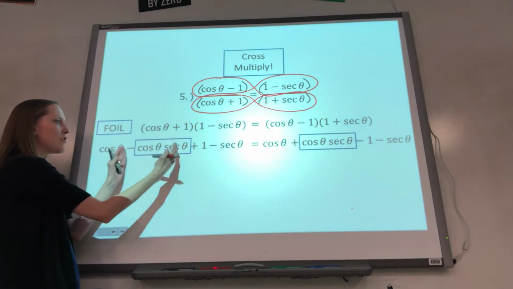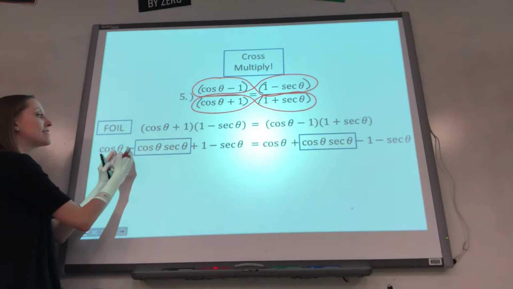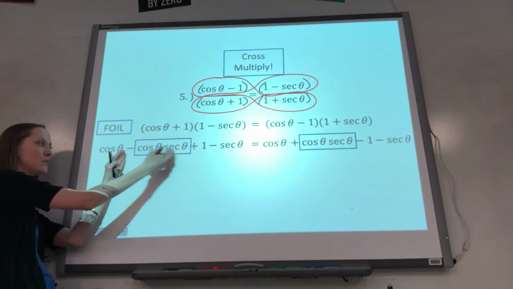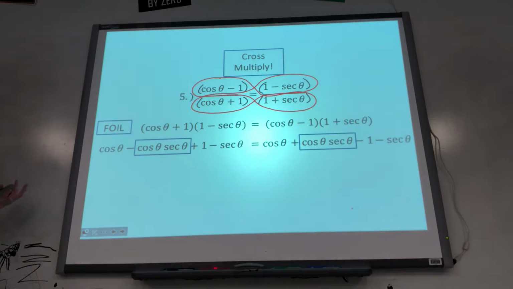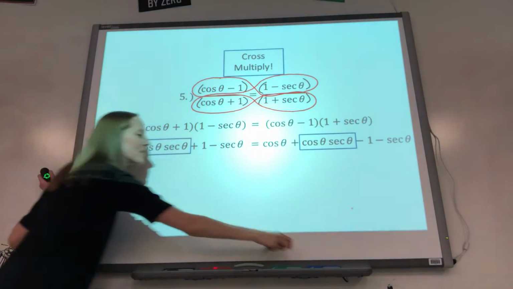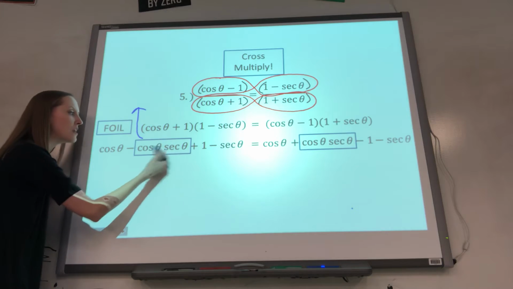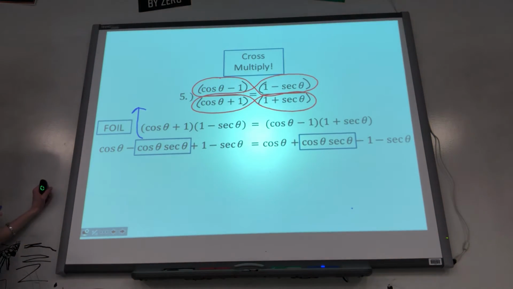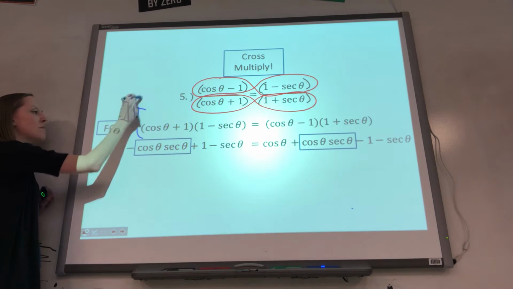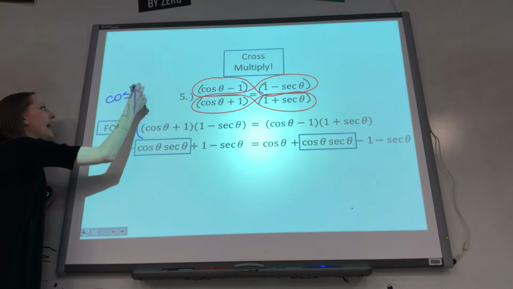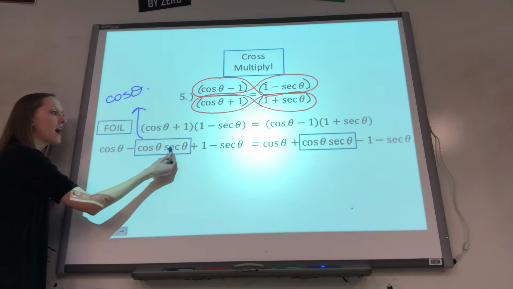But technically, if you moved this term to that side, you would have to add it since it's being subtracted, and then you'd have two of them. So they don't really cancel, but I'm noticing something kind of special about them. What do we know about cosine and secant? Reciprocals.